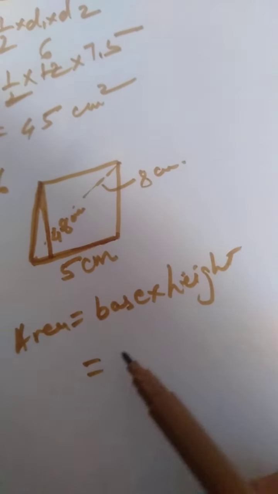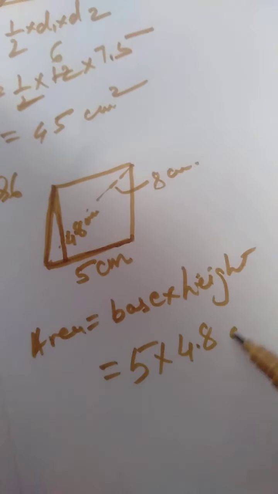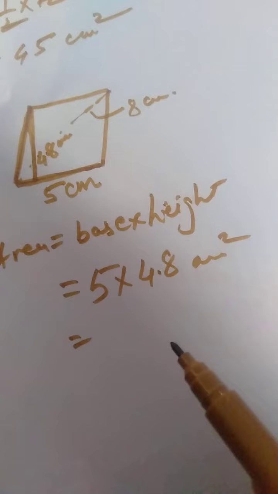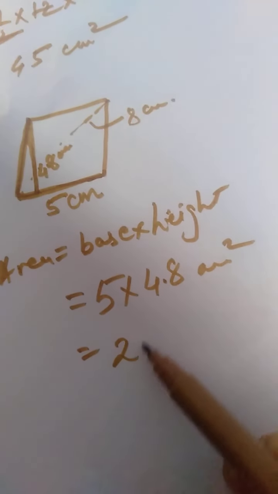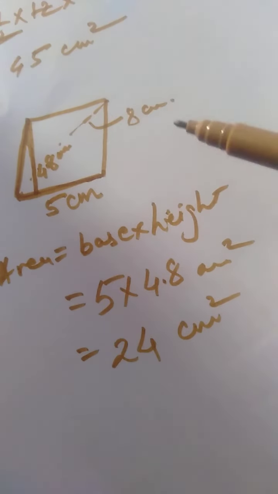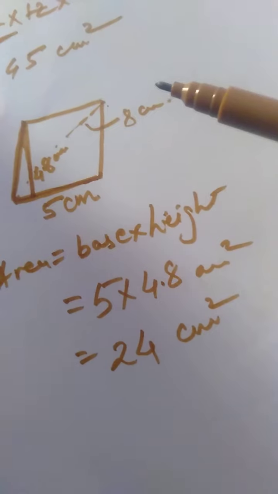So this equals 5 into 4.8 centimeter square, which equals 24 centimeter square. Now again it is given that if one of the diagonals is 8 centimeter, then you have to find the other.